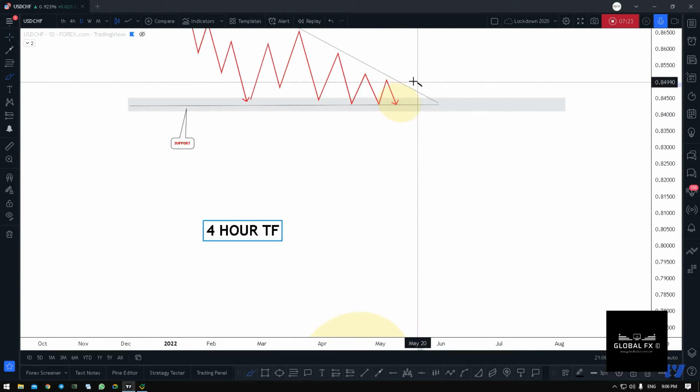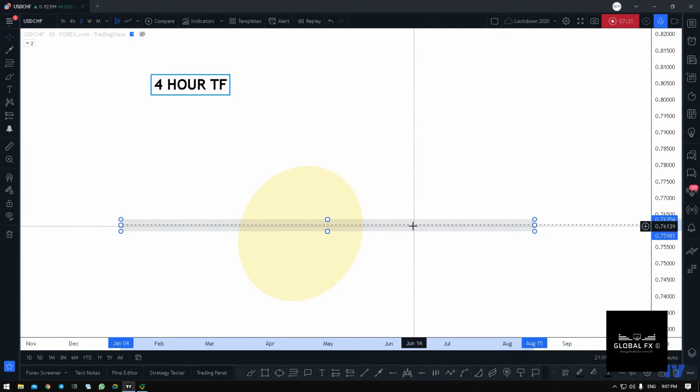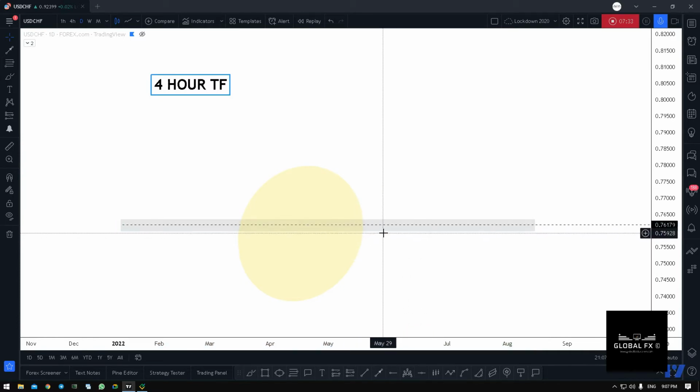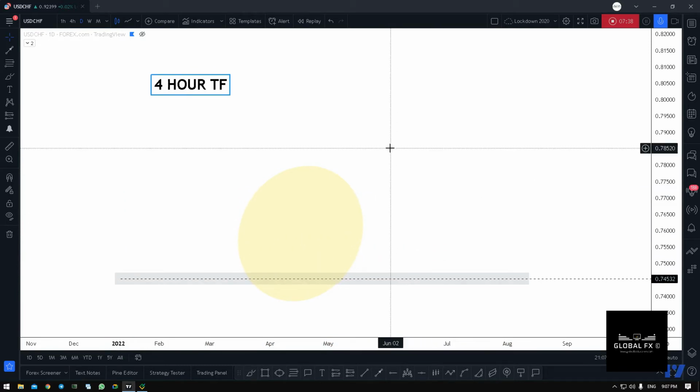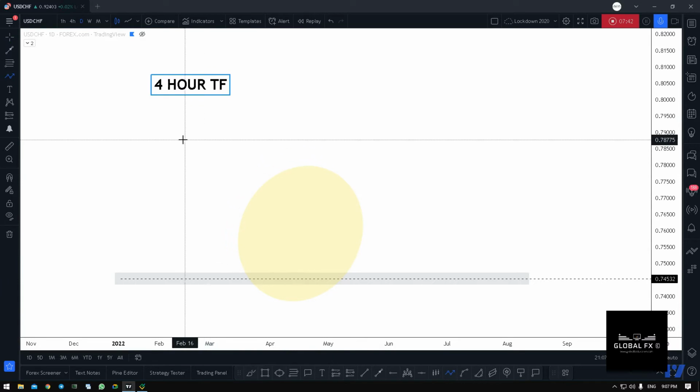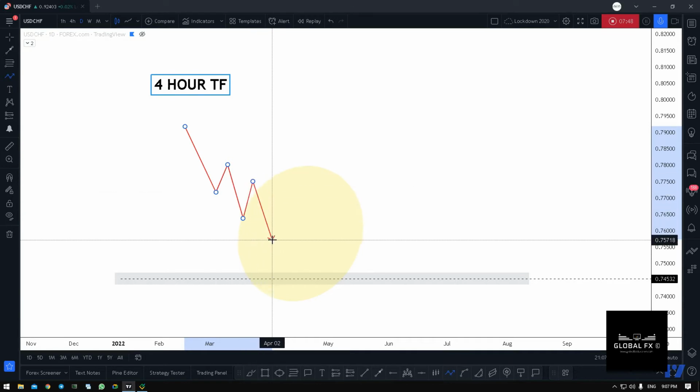We are monitoring the price action in this area, and we go down to the 4-hour time frame to see what is going on. Just let me adjust this quickly. On the 4-hour time frame, you can see that the market still has a very bearish momentum.